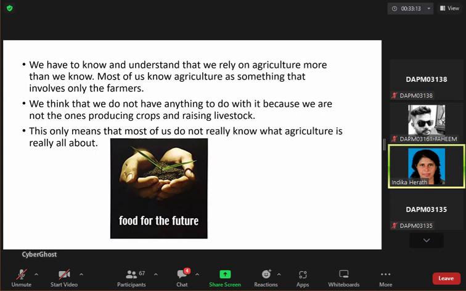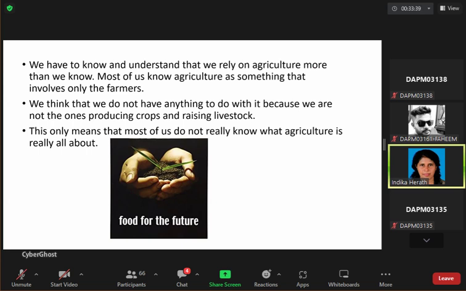Agriculture is something that people, not only about farming, as I mentioned before. We can't do anything without having food. So we need food for our consumption, as well as food for the animals that we are rearing.